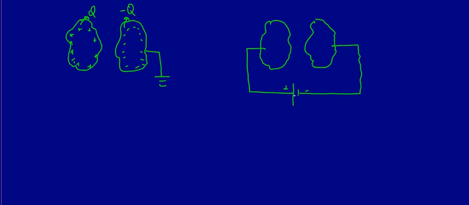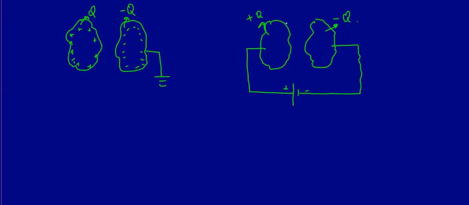Clearly, the positive pole of the battery pulls out electrons from this conductor, thus giving it a plus Q amount of charge, and those electrons flow towards this conductor, giving it a minus Q amount of charge. Then later on we disconnect the battery. So we get an arrangement of two conductors having opposite polarity of charge.